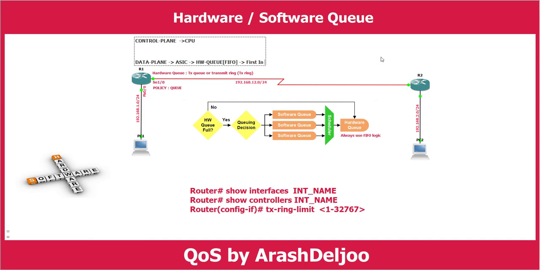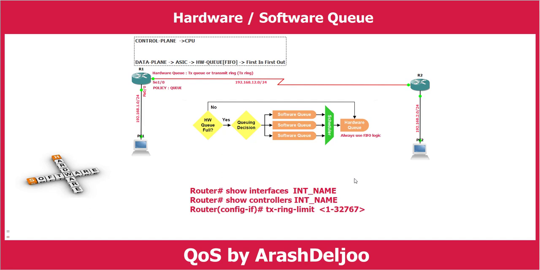Actually, the first packet that is input is the first packet that is output from the queue. First in and first out. This is the logic of the hardware queue. Look here, this is our hardware queue. It always uses FIFO logic. If you want, you can see the hardware queue of the interface with some commands, and also you can tune it.